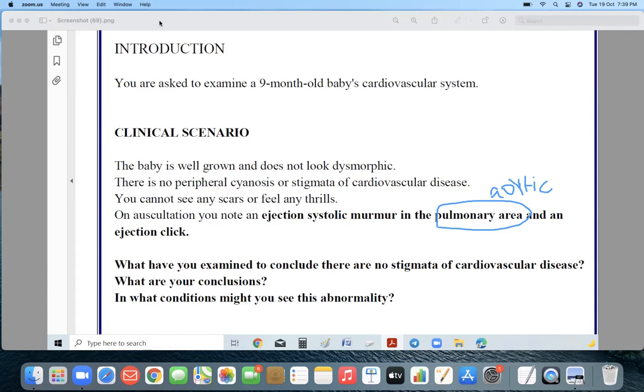Then you will do the auscultation. On auscultation, there will be a murmur. What kind of murmur? An ejection systolic murmur. Where will it be? The second upper right intercostal space.